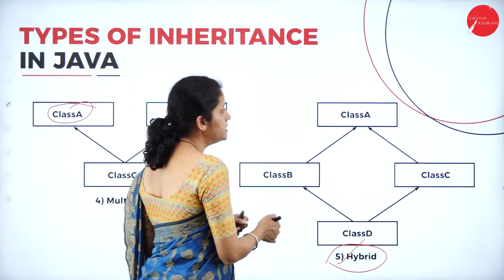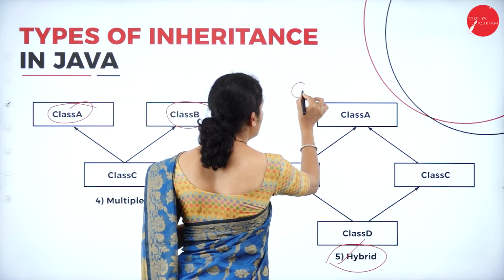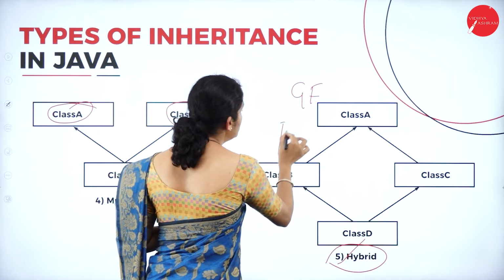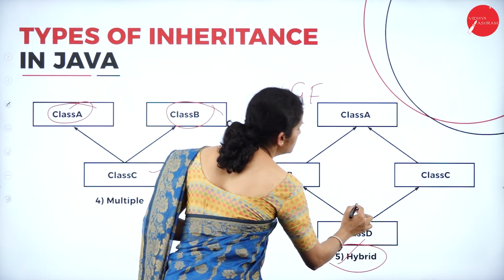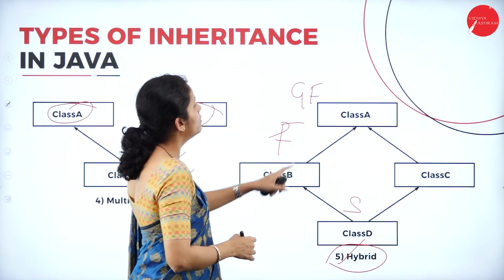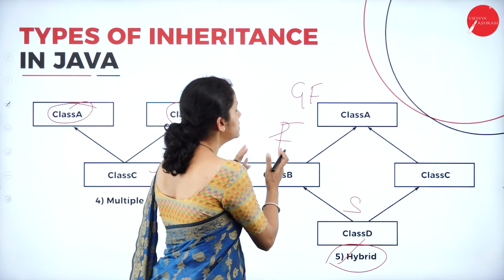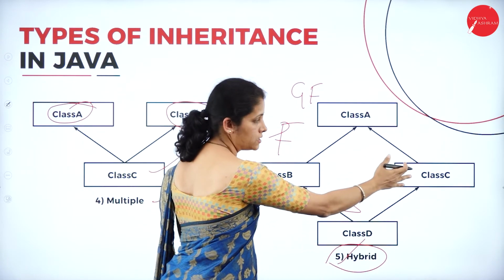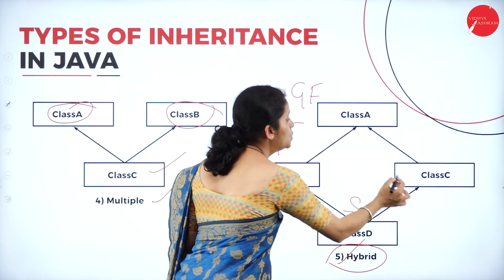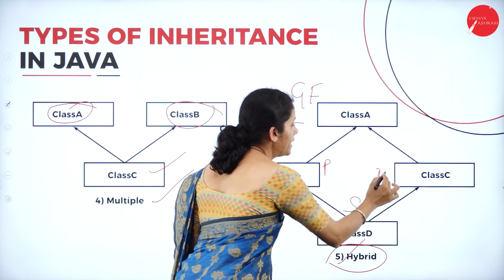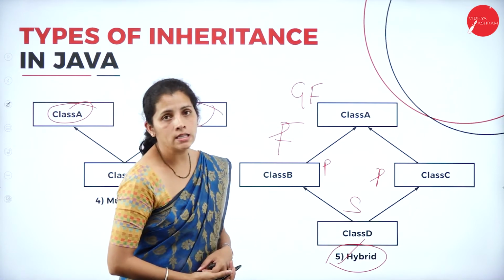Now, let me consider the last type, that is hybrid. If I consider the hierarchy of grandfather, father and son, for one grandfather there are 2 sons, and then 2 parents and 1 son.